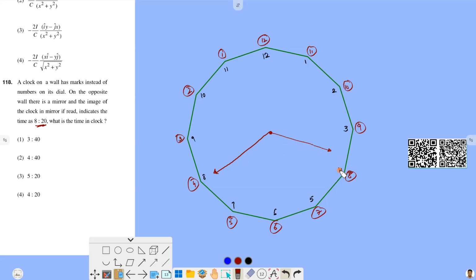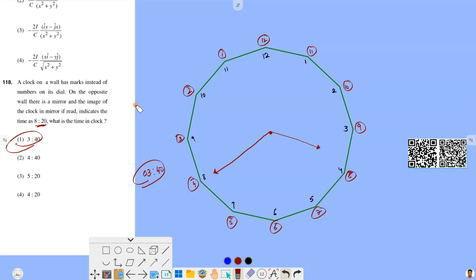It has to be higher, as it is 8:20, so it will be between 8 and 9, so it will be something like here. Now if we see it properly in the non-inverted or in the actual, it will be between 3 and 4, so it will be 3, and at 8 we have 40 minutes, so this will be 3:40 in actual, and that is option 1.